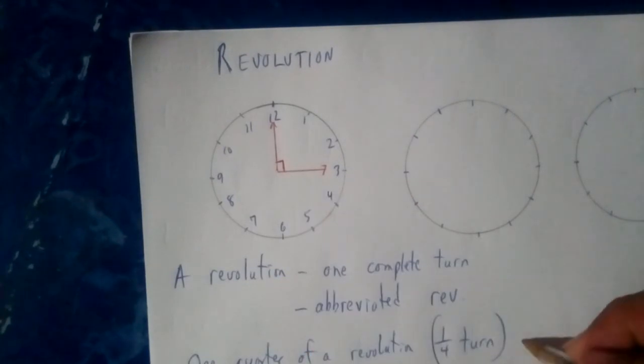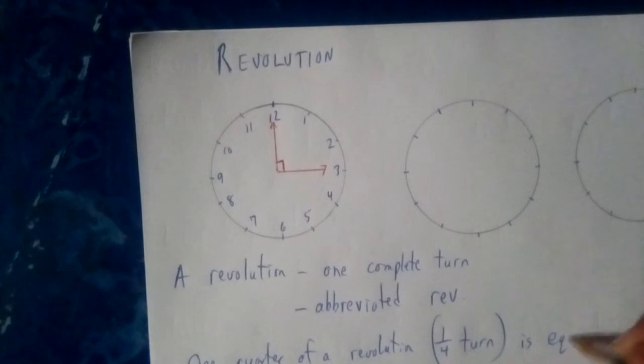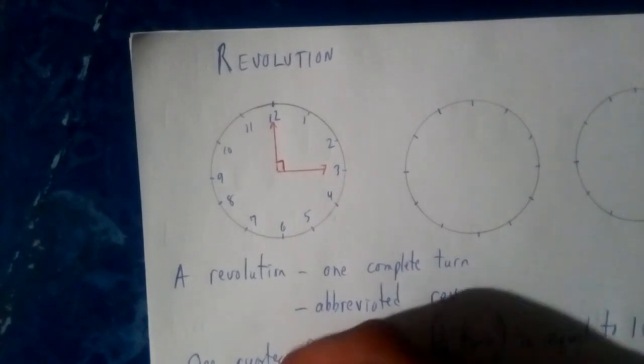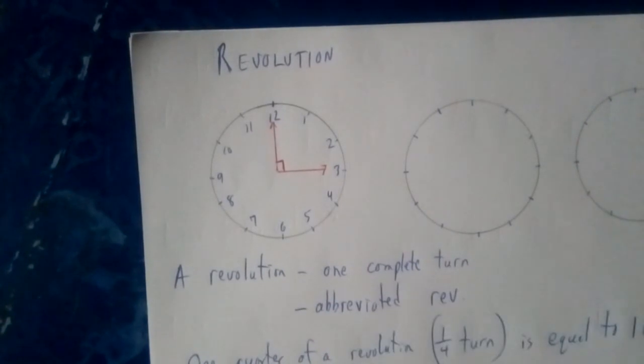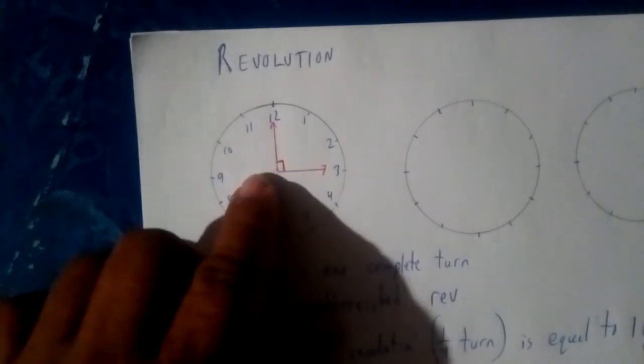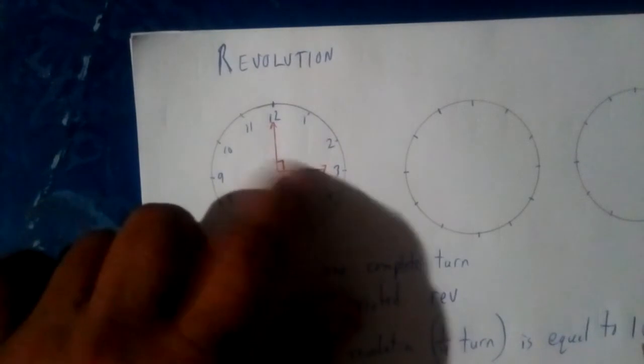It is said to be equal to 1 right angle. Now why do we call it a right angle, and can we use a symbol also? Well, this is 90 degrees. When you take your protractor, you can measure that.